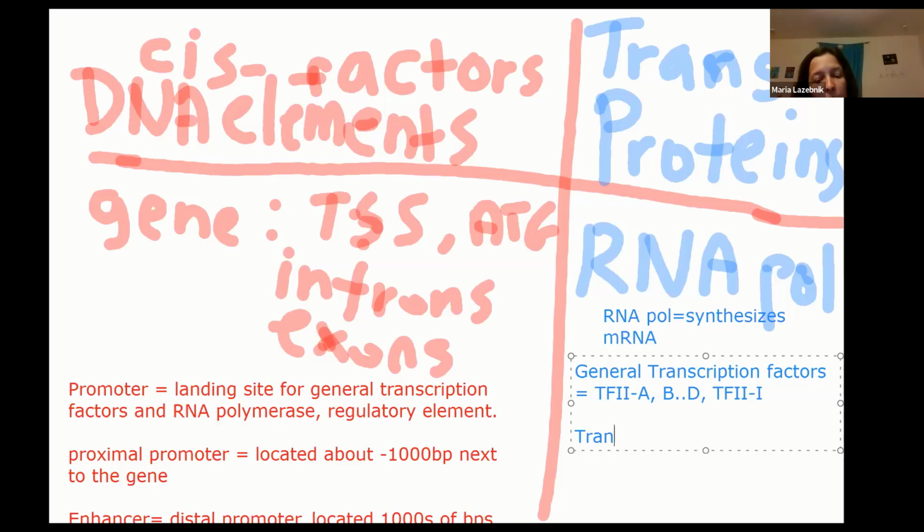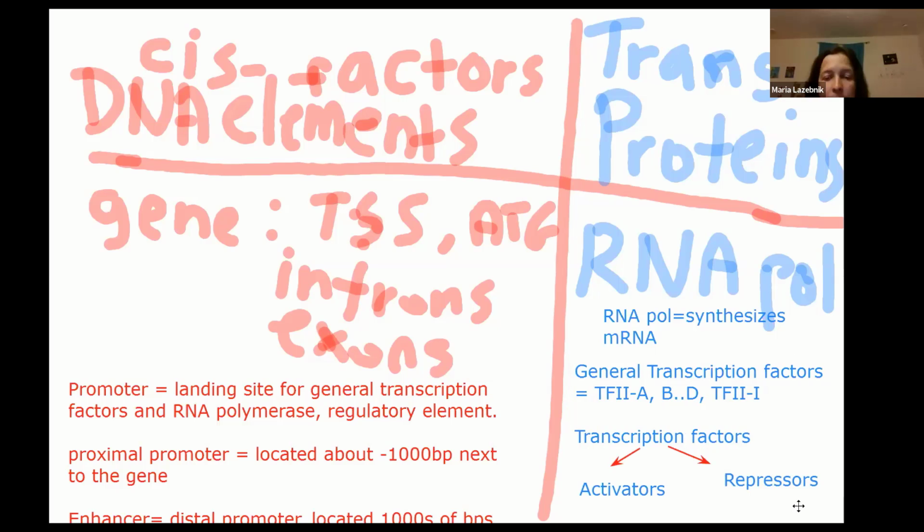We have transcription factors, and they come in two flavors: activators and repressors. Activators bind to the enhancer element, interact with general transcription factors, and help further stabilize RNA polymerase. Activators increase the rate of transcription.